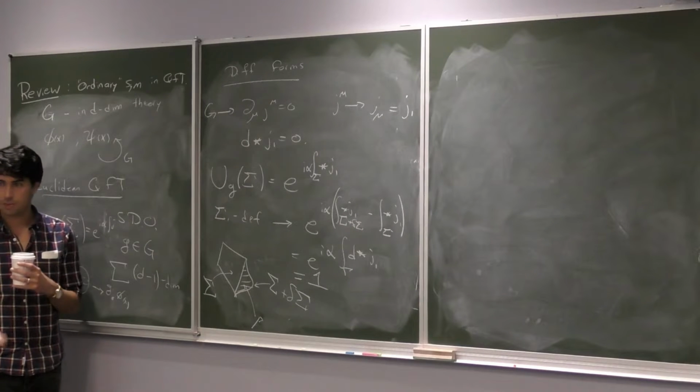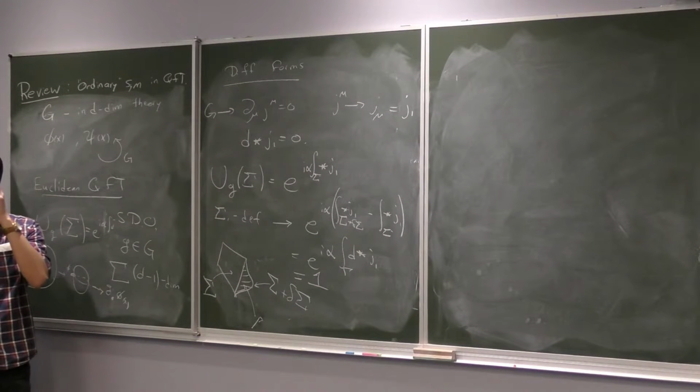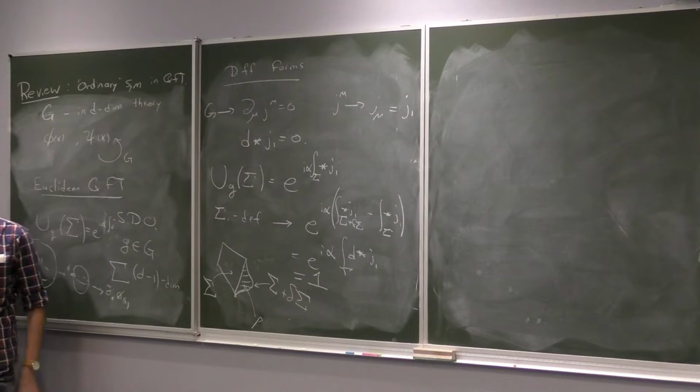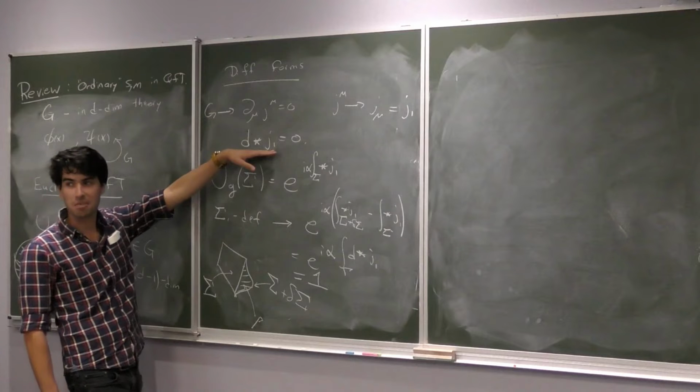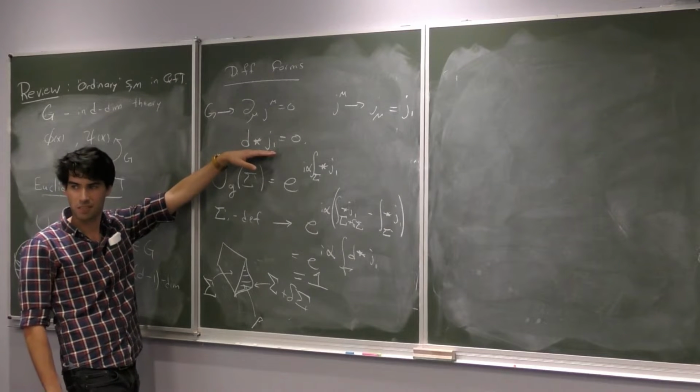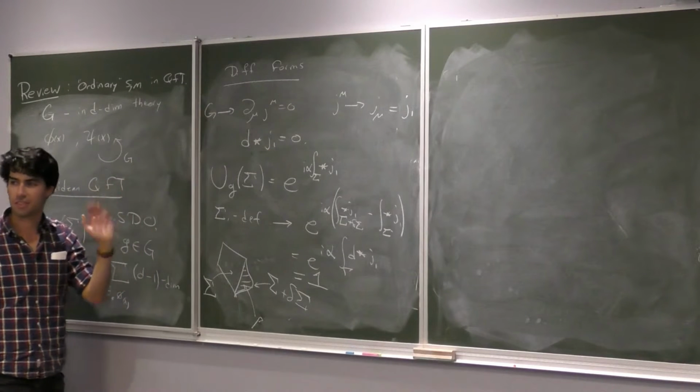Question? Yes? The Hodge star operator is metric dependent, right? So in what sense is this topological then? Yeah, this is something I complained about the very first time I taught this. It actually makes sense to talk about having a d-1 form that's closed, and that's your topological current.